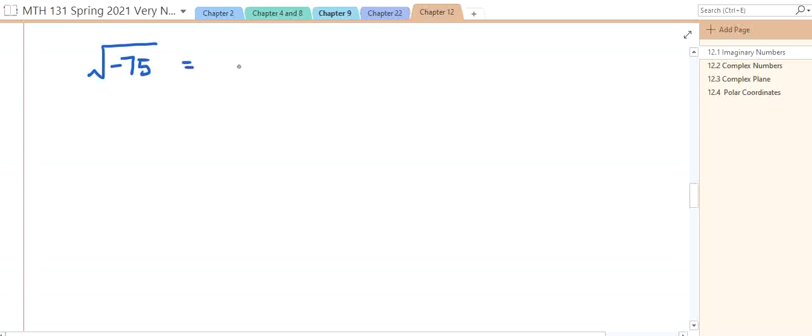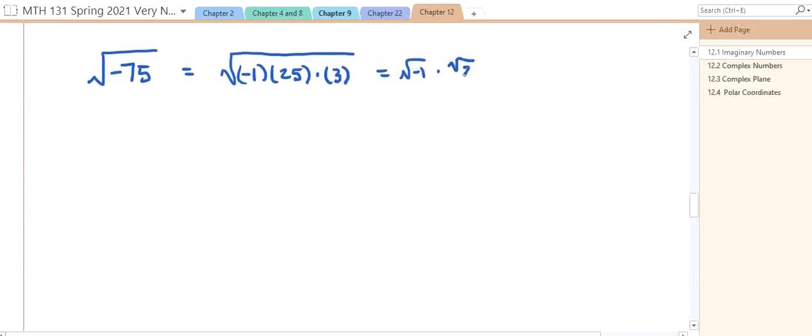This equals the square root of minus 1 times 25 times 3, since 25 times 3 is 75. Now I can break all of these off: the square root of minus 1 times the square root of 25 times the square root of 3.